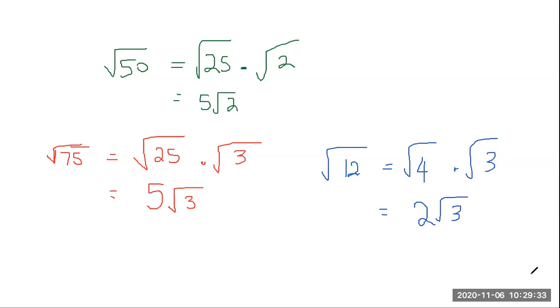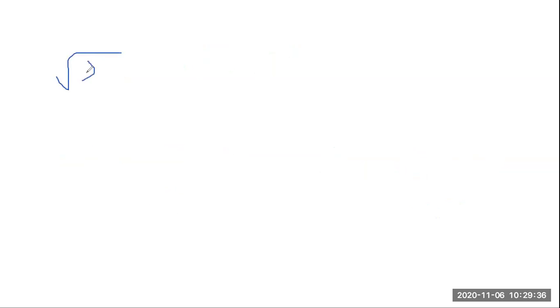Let's do one more quick example. Actually, let's do 2 more. The square root of 28 and the square root of 175. How would I split up the first one? I would split this one up with 7 and 4 because square root 4 is a perfect square.